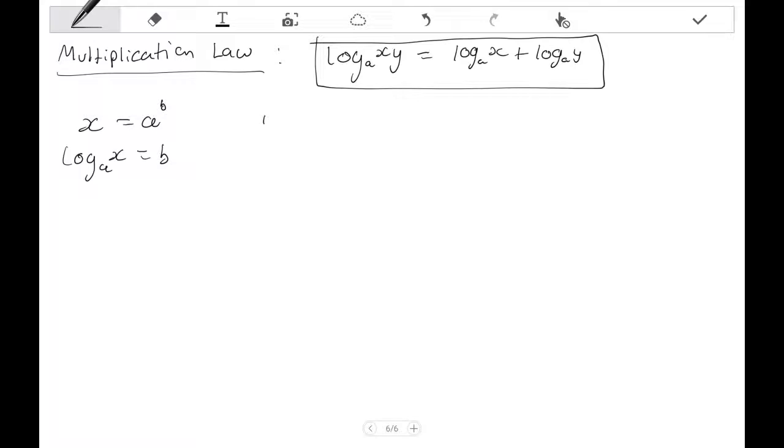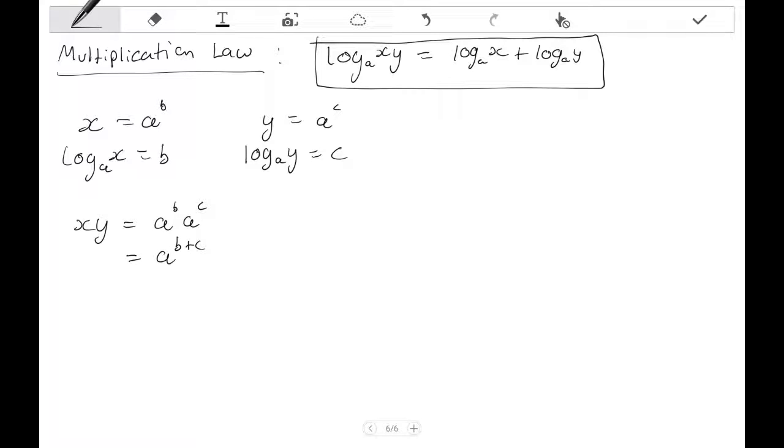Then we're also going to define y as equaling a to the power of c, which means that we can write log base a of y is equal to c. And what we're going to do now is multiply x and y together. So we're going to say that xy is equal to a to the power of b times a to the power of c, which using power laws is equal to a to the power of b add c.